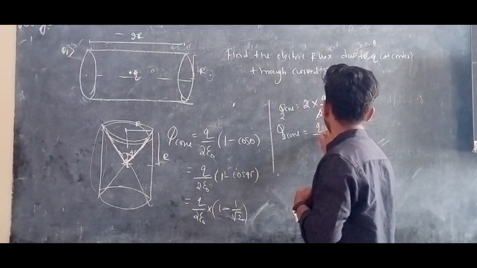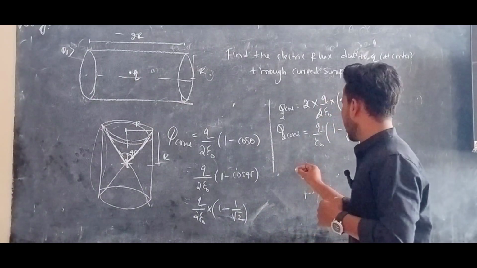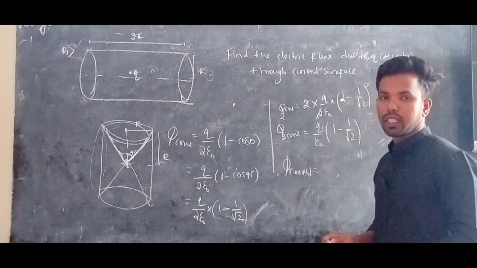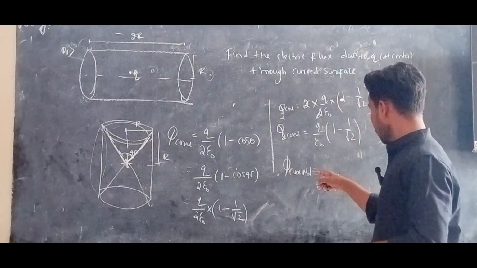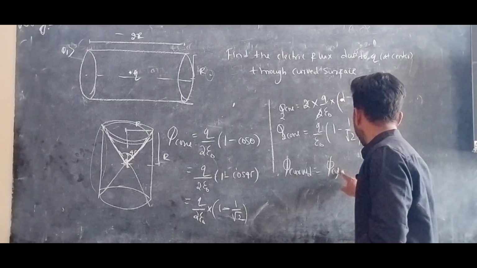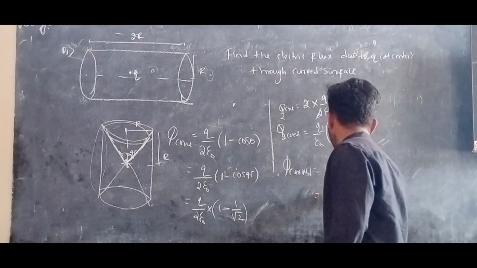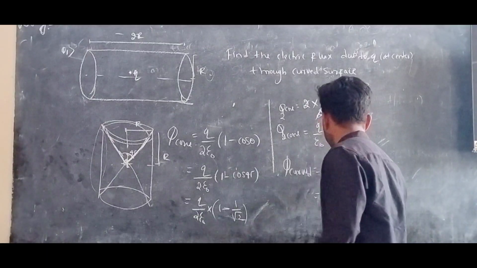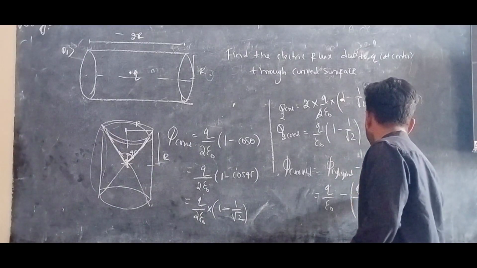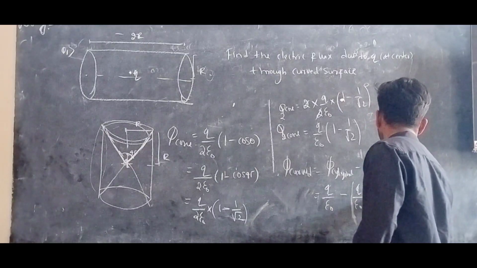Now for the flux on the curved surface: it is the cylinder minus two cones. The cylinder is q by epsilon naught, minus q by epsilon naught times 1 minus 1 by root 2.